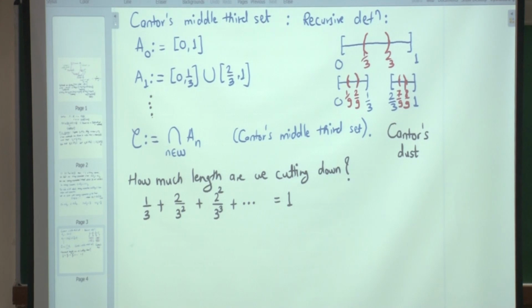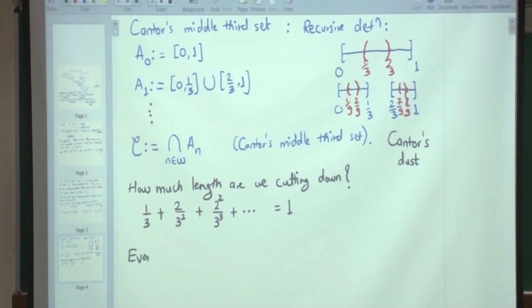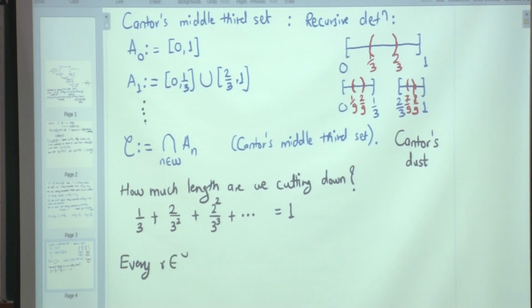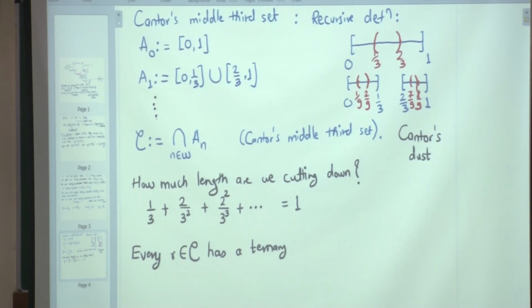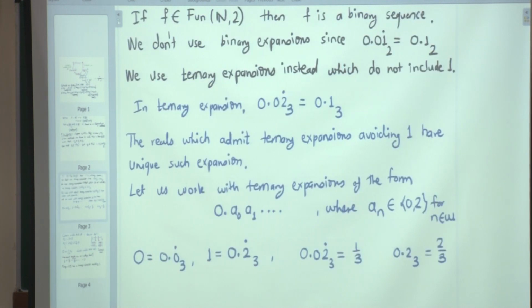So I am just going to write it down: every r in C has a ternary expansion avoiding 1. And now I should be able to give you a function. I start with the function f, a function from the natural numbers to 2.